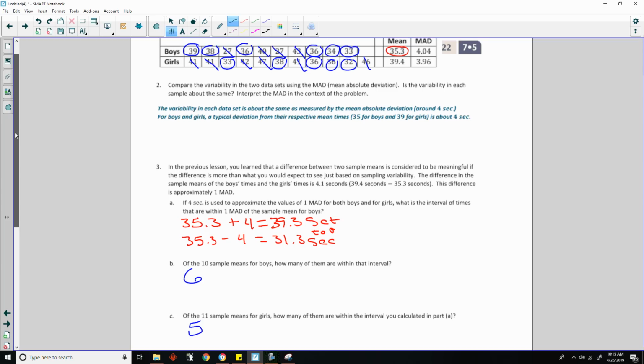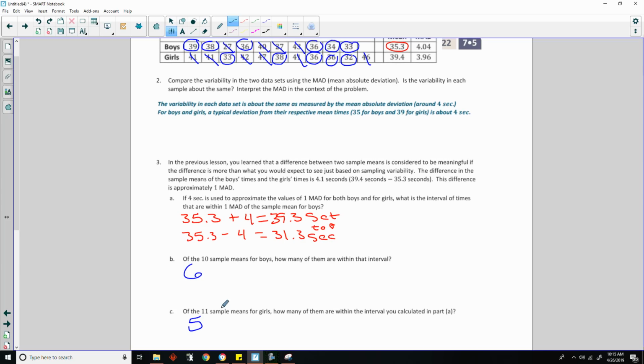So before I move on, though, I'm going to calculate what I did in A for the girls using the girls' data. So let me erase all of this and let's calculate that. So what did I do up here? I took the mean, so now I'm going to take 39.4 and subtract the mean absolute deviation of 4.